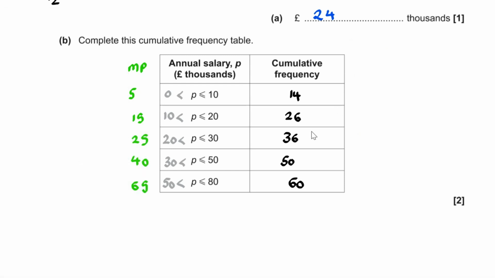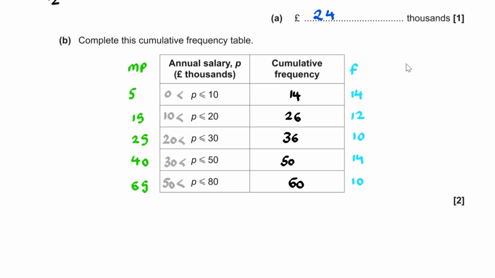So for our frequencies, what we can do is use our cumulative frequency to help us. So if we find out the frequencies, well, we're starting off at 14. 14 plus something is 26, so that's 12. And then 26 plus something is 36, so here we've got 10. And then we've got 36 plus something gives us 50, so here we'd have 14. And then 50 plus something gives us 60, so here we'd have 10.